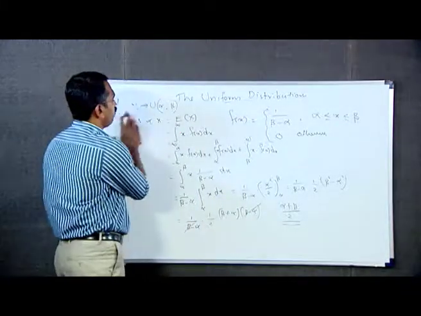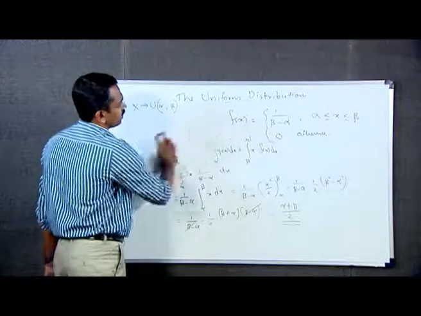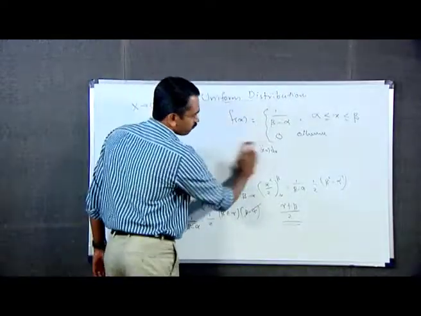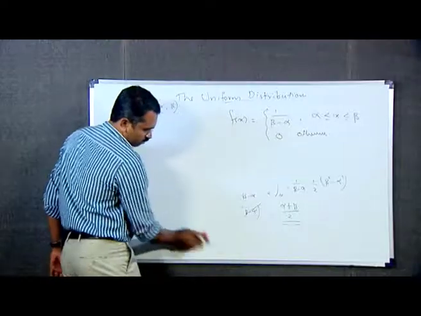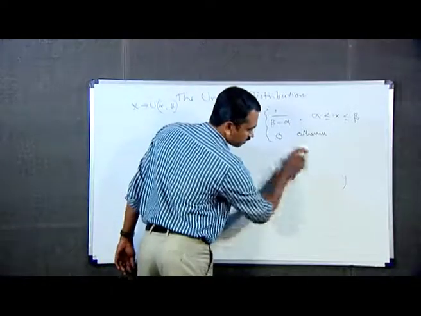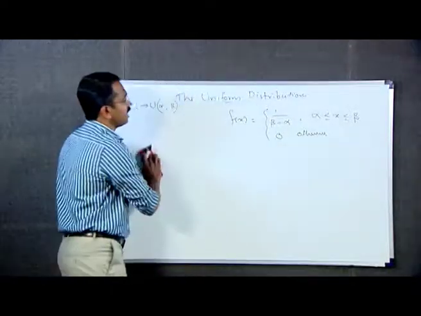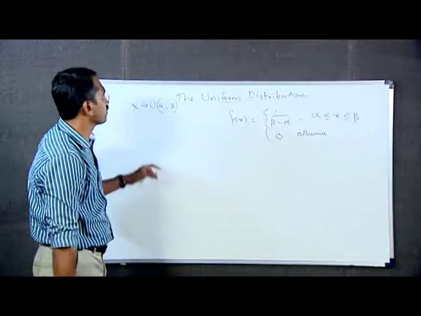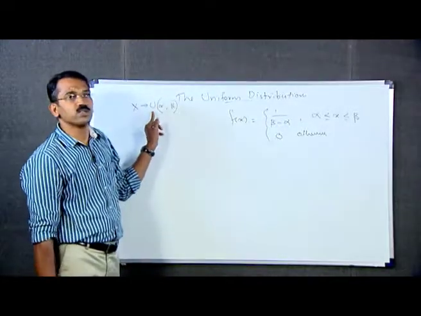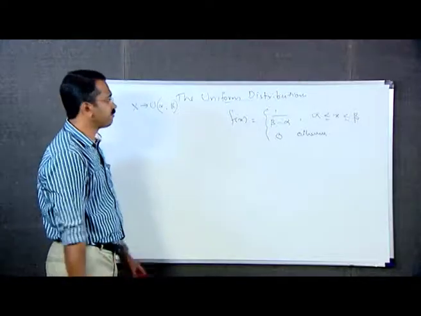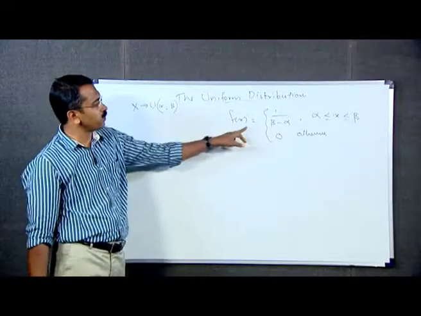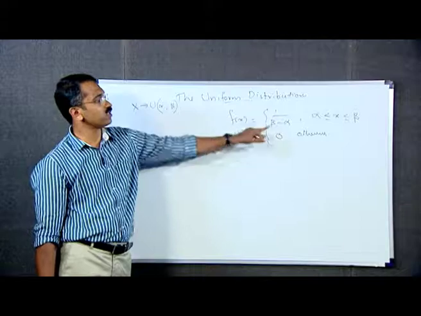Now, we have to find the variance of the uniform distribution. Consider a random variable capital X having the uniform distribution with parameters alpha and beta, and the corresponding PDF is f of x equal to this.